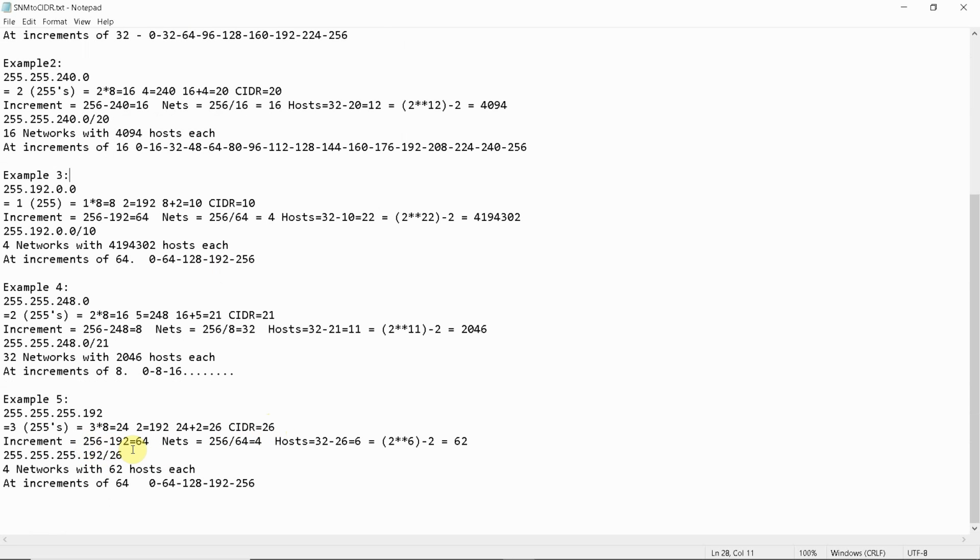Do the same thing to find your increment, your nets, and your host, which is very easy now that you've got 26. You do 32 minus 26 is 6. 2 raised to 6 minus 2 equals 62. That gives you your 4 networks with 62 hosts each at increments of 64. And there are the increments.